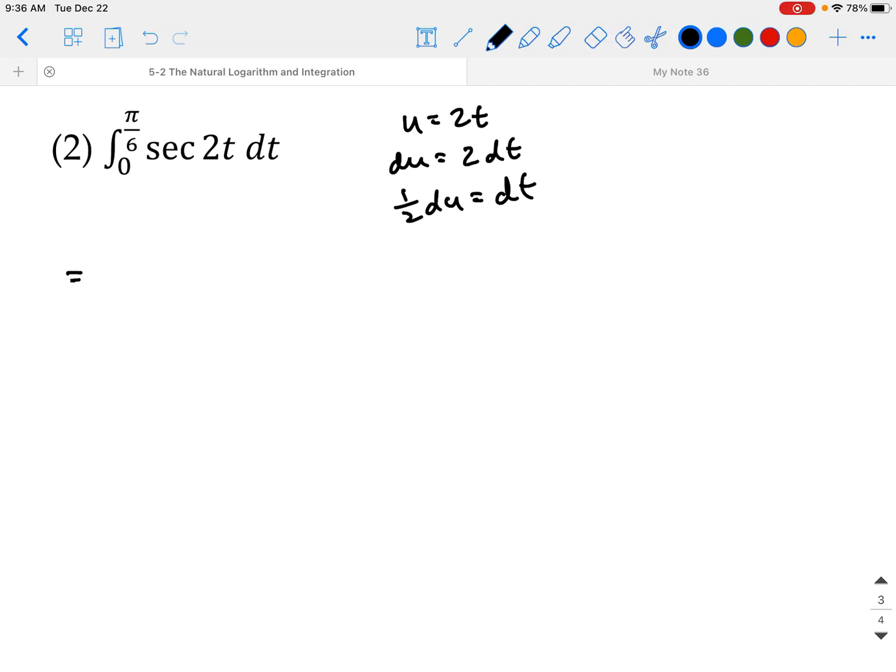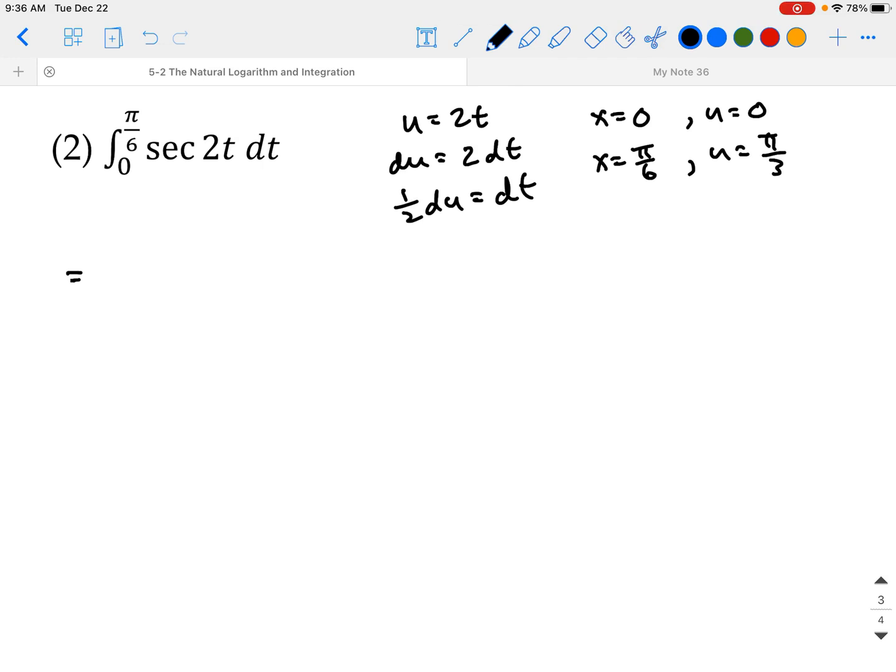But if you want to add the u sub in, just keep in mind you do have to change your limits of integration as usual. So if u is 2t, when x is 0, u is going to be 2 times 0. And when x is pi over 6, u is going to be 2 times pi over 6, which is pi over 3. So just keep that in mind.